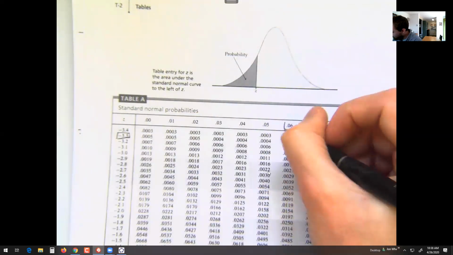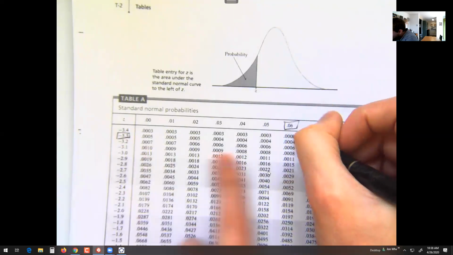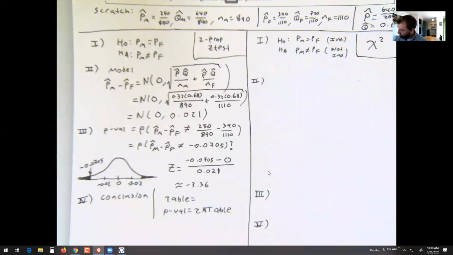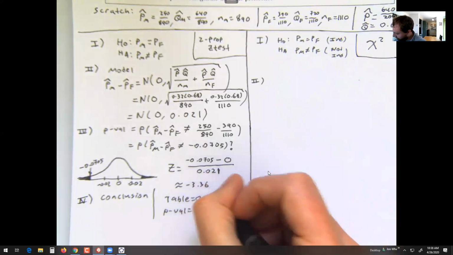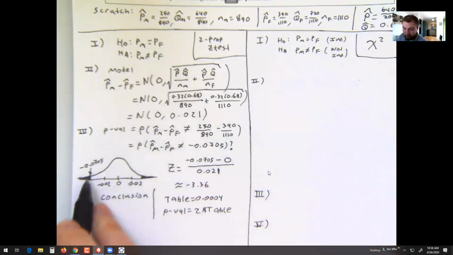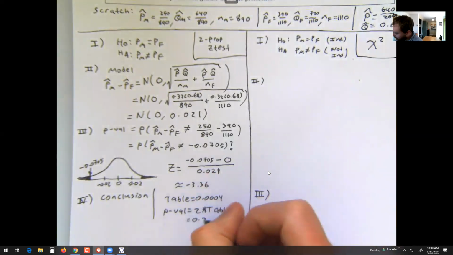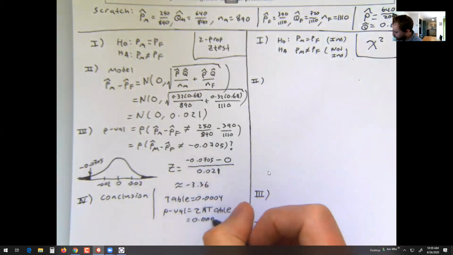Last digit was 6, I'm in this column. And I see where they meet up, 0.0004. This is the size of this left tail. I have 2 of these tails, so when I multiply this by 2, I get a p-value of 0.0008 or so.